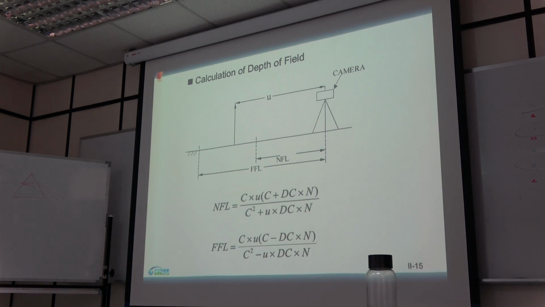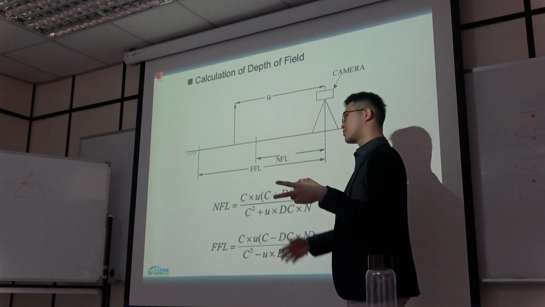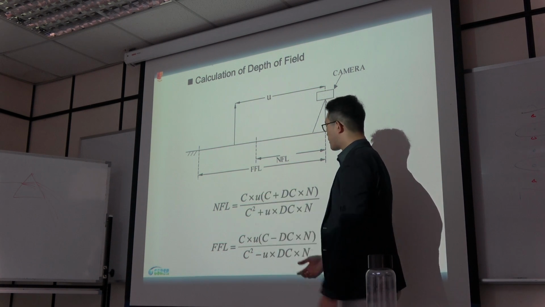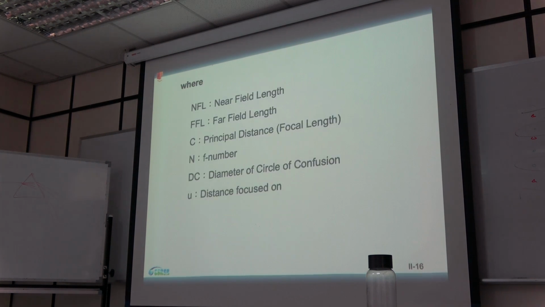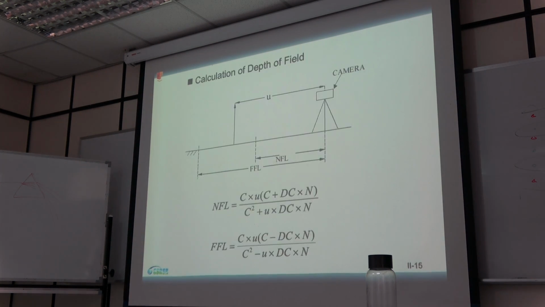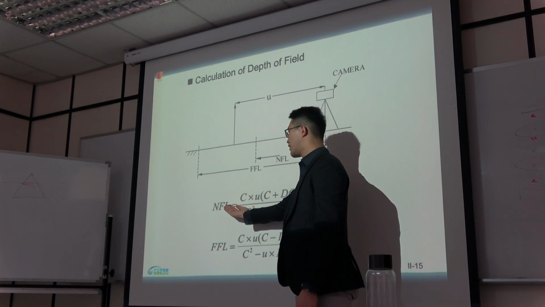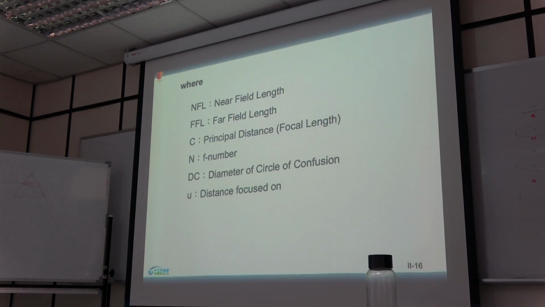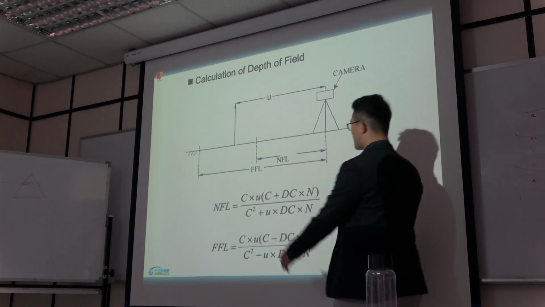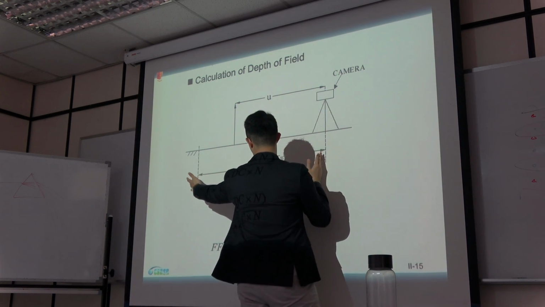The other thing is, in terms of depth of field, there are two depths of field that you can talk about: the near field length and the far field length.